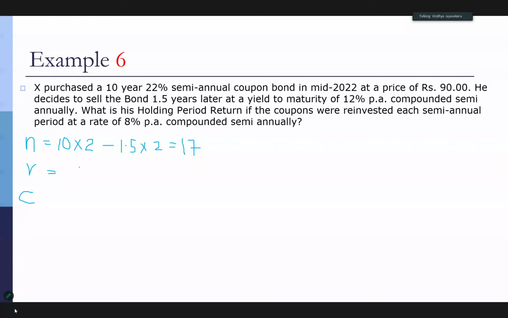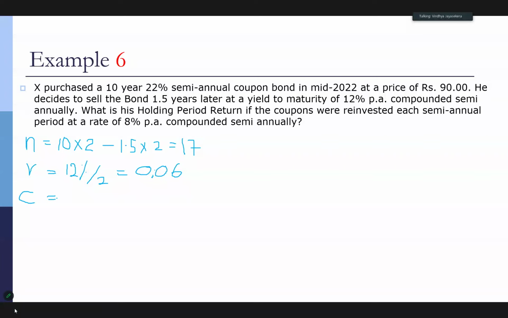That's what I'm asking. 6. That's correct. R is 12%, yes, but 12% for the year. These are semi-annual periods, so what is the R that we are going to input? It's 6%. The equation takes 6%, the semi-annual R.